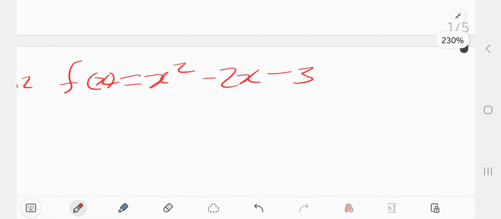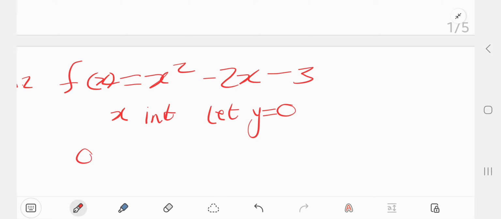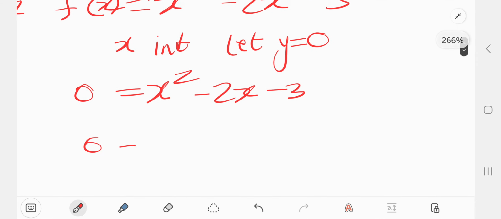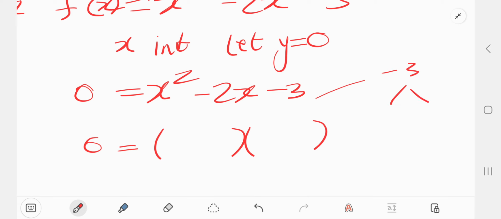So now we understand that when we are finding the x intercepts, we let y be equal to 0. So 0 is equal to x squared minus 2x minus 3. Let's factorize this. We're going to find the factors of negative 3 that give us the middle term, which is negative 3 and positive 1, because their product gives us that and their sum gives us that.